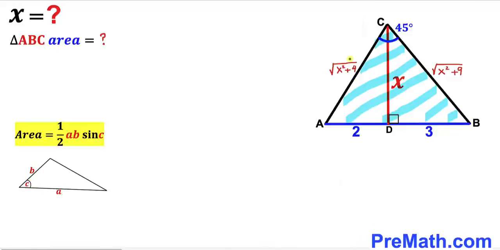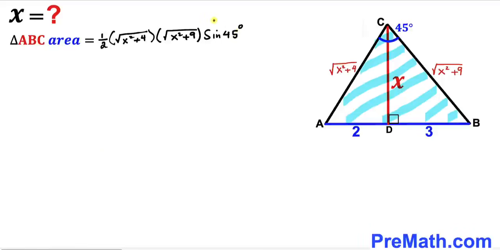In our case, the two sides are AC and BC, and the angle between them is 45 degrees. So the area of triangle ABC is a half times the square root of x square plus 4 times the square root of x square plus 9 times sine of 45 degrees.